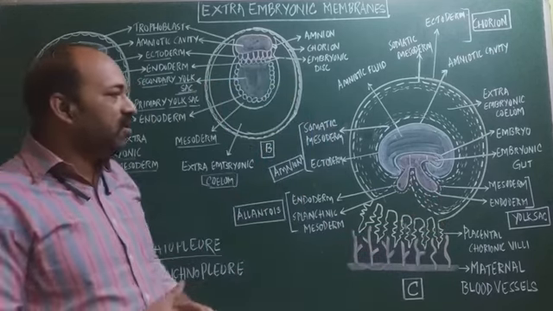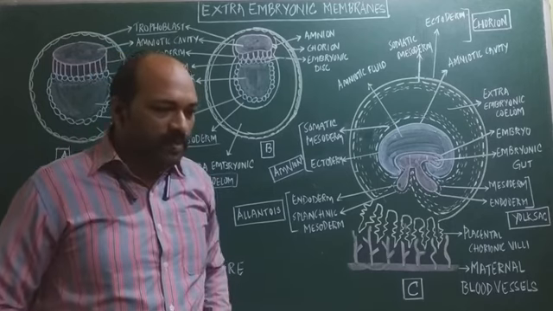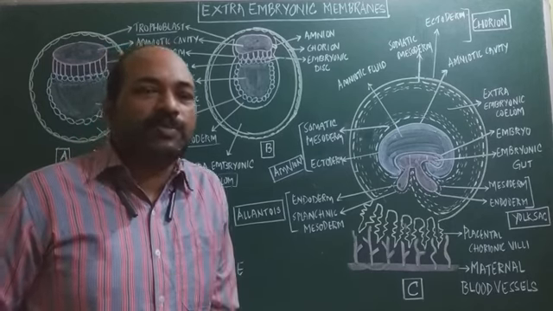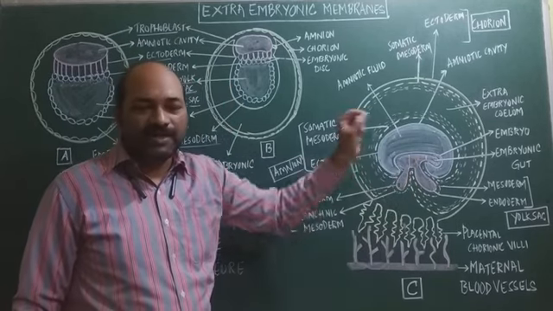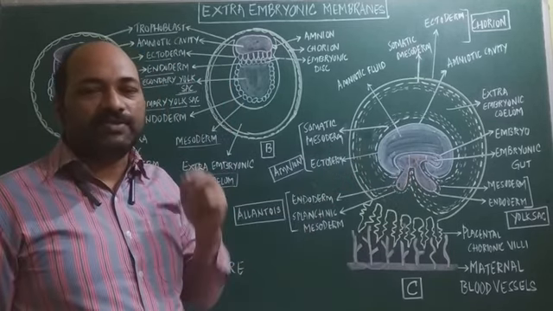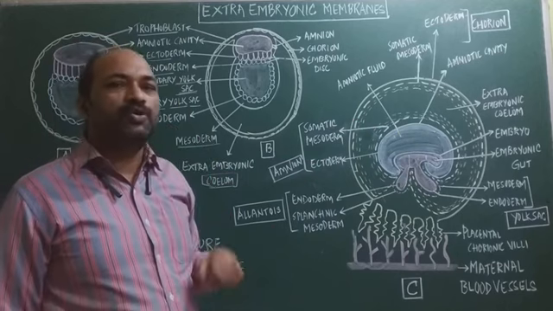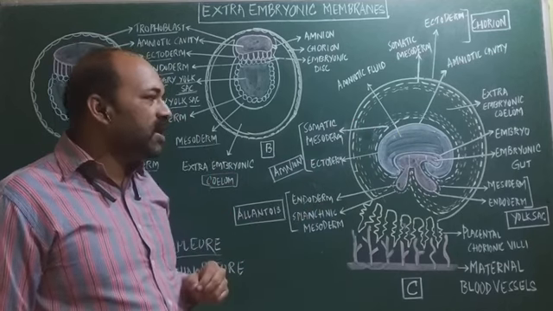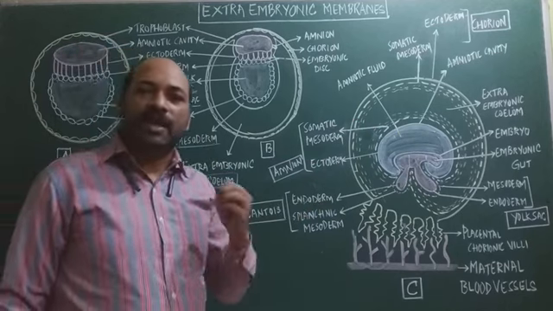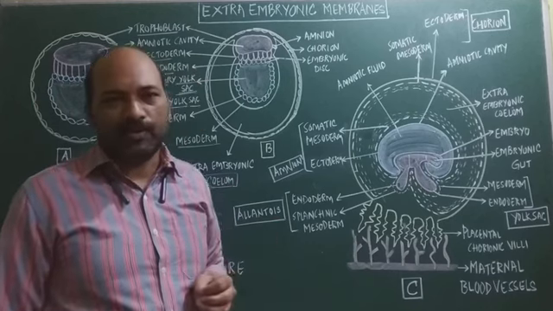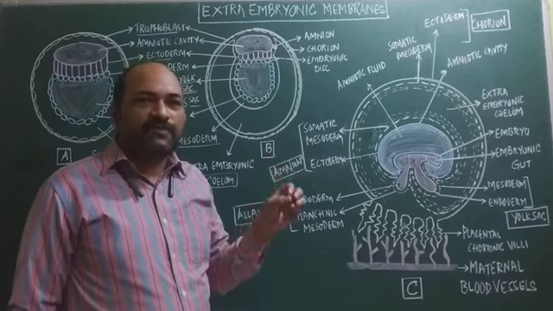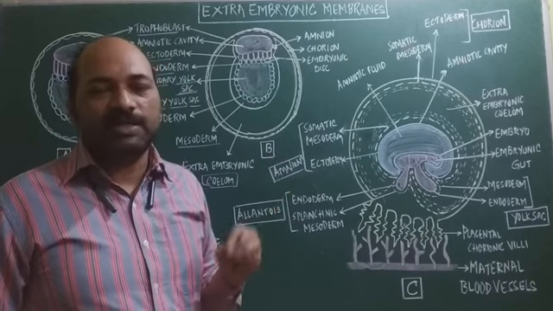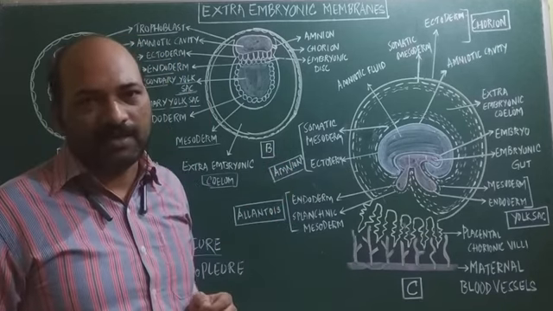The function of this yolk sac is that it helps in the nourishment of the embryo. That is commonly seen in reptiles and aves. But in human beings, the yolk sac does not provide any nourishment to the embryo. Why? Because the transportation of the nutrients is done by the placenta.